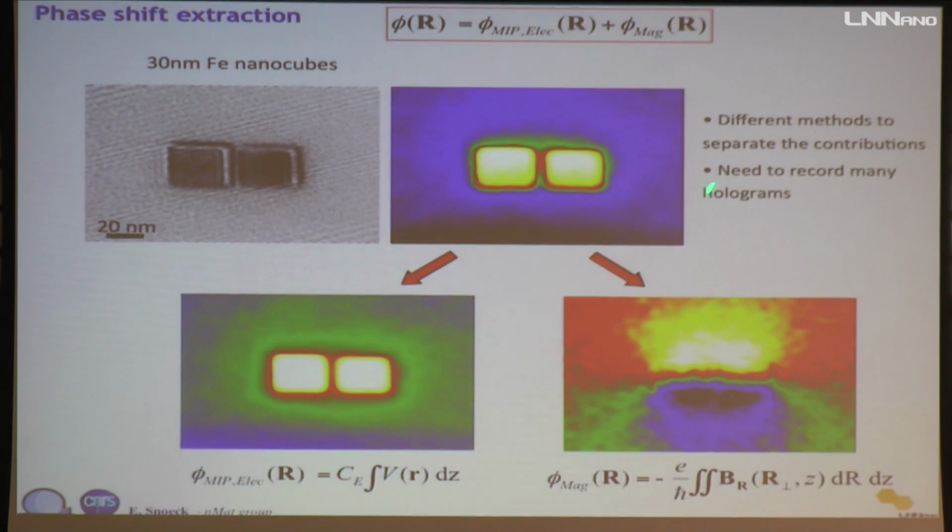And then what you can do, and I will discuss that mostly tomorrow, is separate the electrostatic contribution and the magnetic contribution. As I said, the phase contains this electrostatic contribution and the magnetic contribution because these are magnetic, this is iron. And I will show you the way tomorrow to separate them.